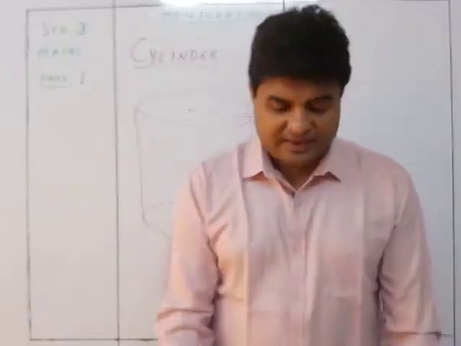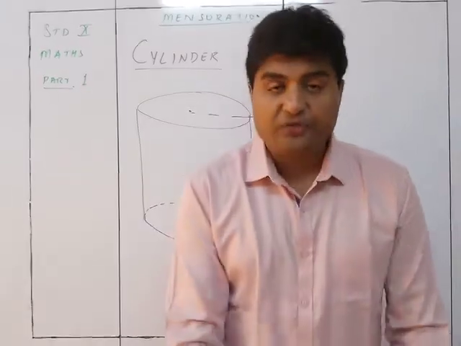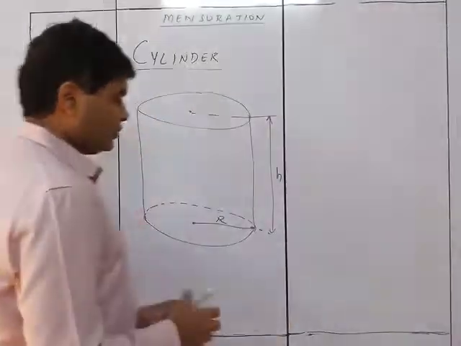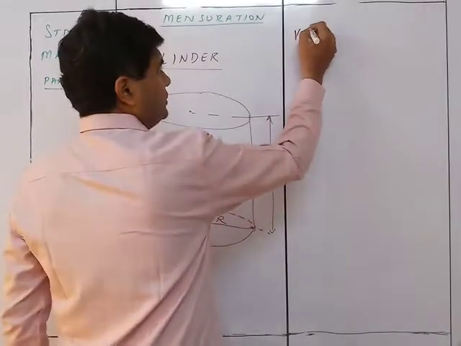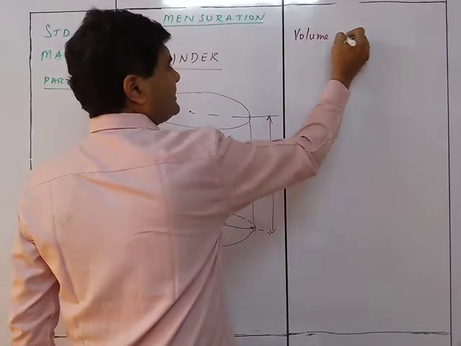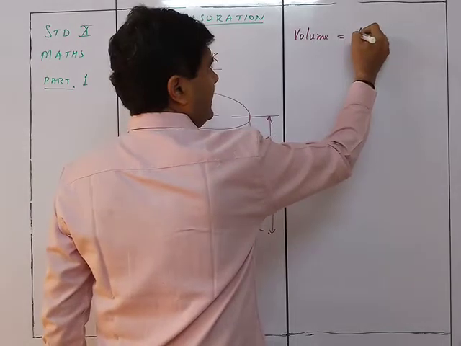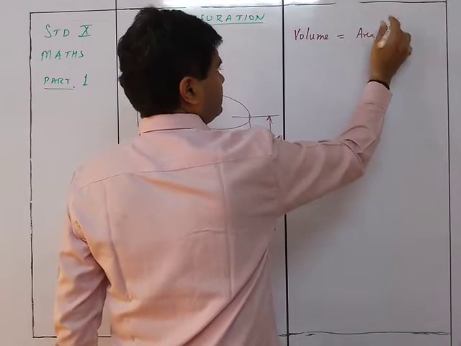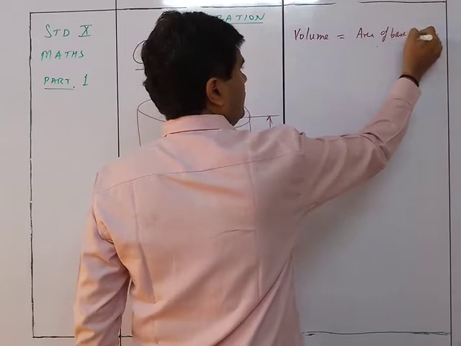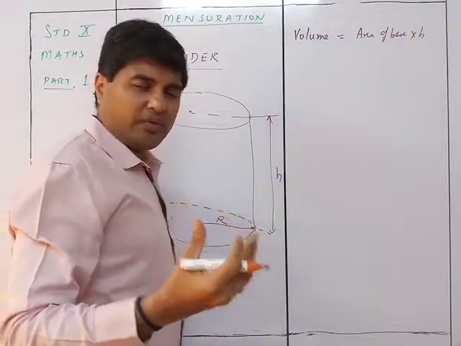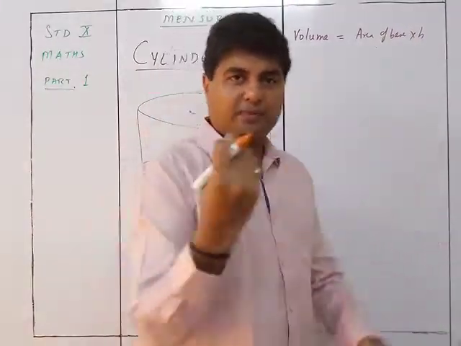So when we see this particular kind of figure, first of all we'll be having the volume. So what is the volume? Normally volume is given by area of base into height. We have always said that volume is nothing but area of the base into height.